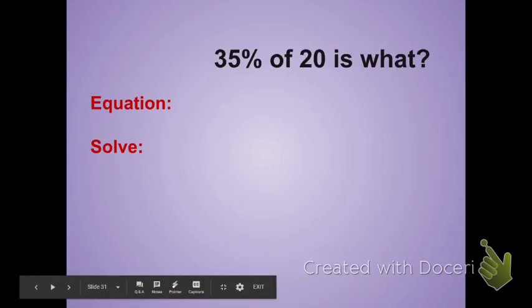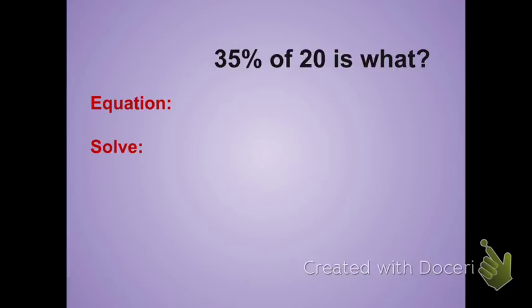35% of 20 is what? So let's start with 35%. We're going to change it to a decimal. So 0.35. Of means times. You should be writing this. 20 stays the same. Is means equals.